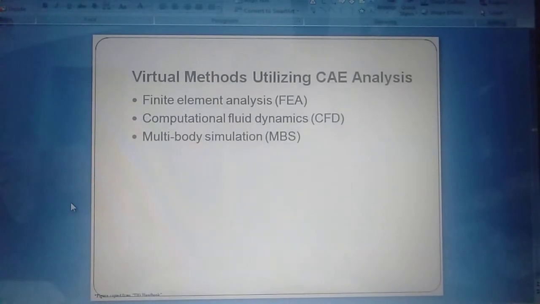Now the last one, the multi-body simulation, abbreviated as MBS. Multi-body simulation is a computer tool with which multi-body systems can be simulated. Multi-body means what? A multi-body system is a system in which one or more bodies are connected to each other with joints. Multi-body systems can be simulated using computerized methods. MBS models are based on general geometrical definition in CAD product structures.